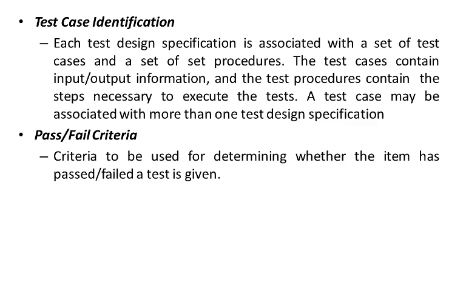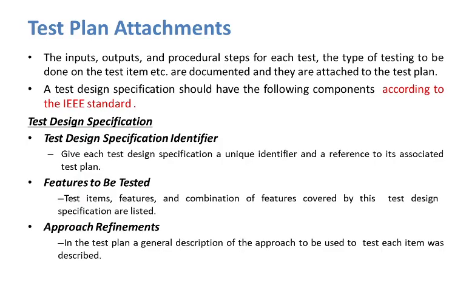Each test design specification is associated with a set of test cases and a set of procedures. A test case can contain input and output information, and the test procedures contain the steps necessary to execute the test. The next component is the pass/fail criteria: the criteria used to determine whether the item has passed or failed a test. So this is the test design specification component of the attachments.